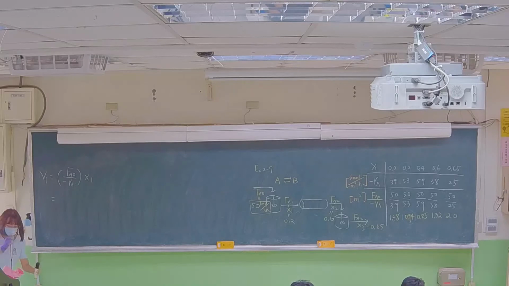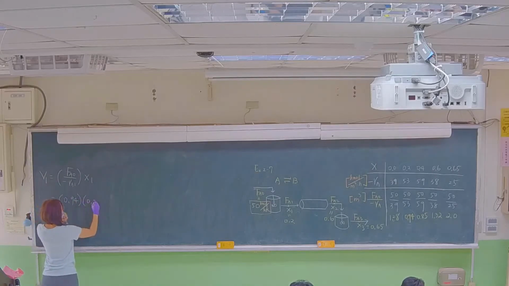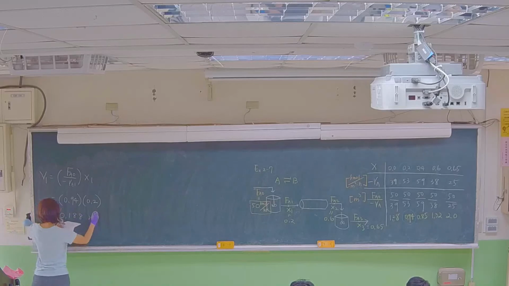So x1 is equal to 0.2. FA0 over minus RA. Okay, this is V1.